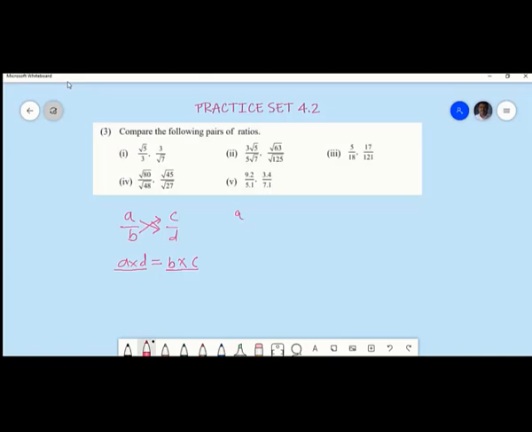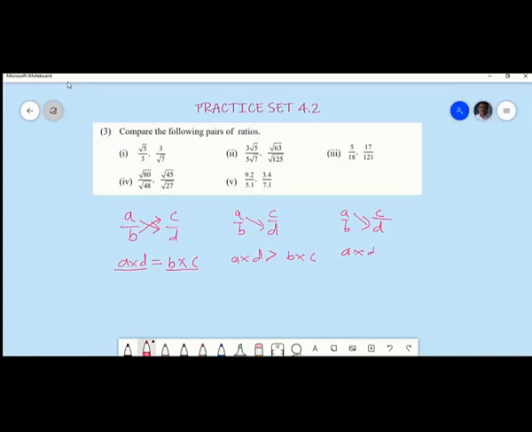Second property, A upon B, C upon D. Make the cross multiplication, A into D and B into C. If the first cross multiplication is greater than the second one, then the first fraction is greater than the second. And third property, again two ratios, A upon B, C upon D. Make the cross multiplication.